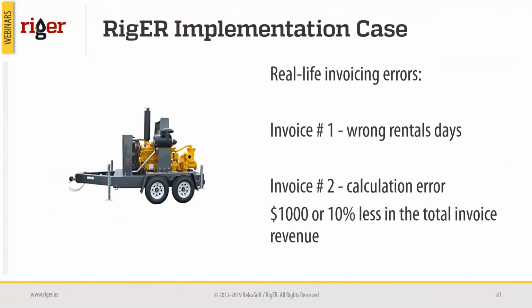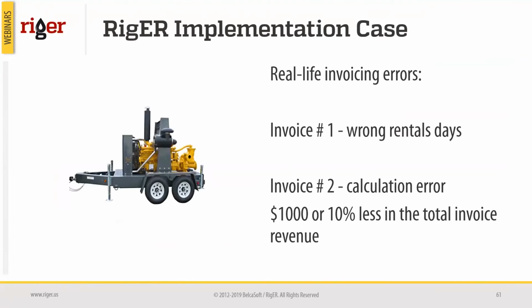When we implement the RigER system for clients, we usually suggest relying on the system for calculating everything properly, because it has built-in mechanisms and calculation rules. The only thing that everyone in the company should take care of is putting the right information into the rental service agreements, delivery tickets and field tickets, because those documents feed the invoice with all the details.